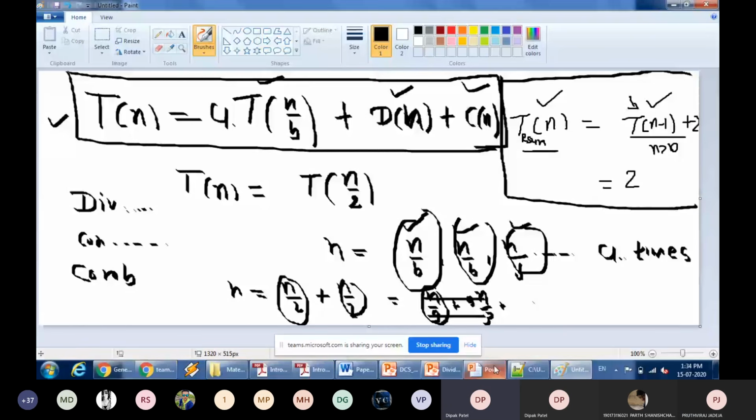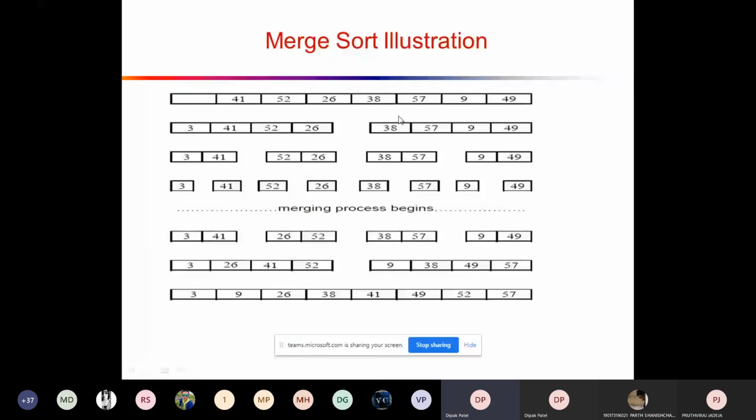Here from the beginning we have broken this into two halves, this one and this one. Now you have to again apply quicksort on this half and this half. So quicksort again breaks each into two equal halves. We are applying recursive quicksort.